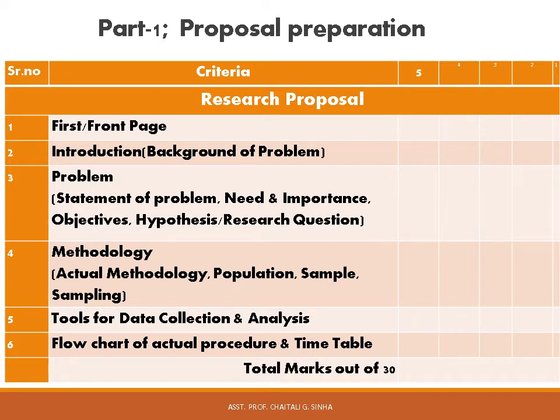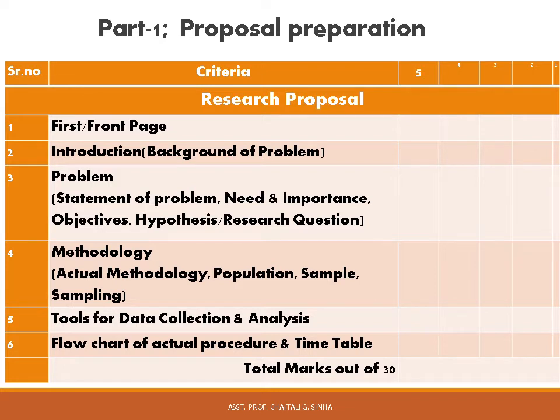After that comes objectives. As you all know, you have already studied what objectives are. For every work we do, we have certain objectives. So to conduct your research also, you must have an objective, what you want to achieve. So you have to write those objectives.